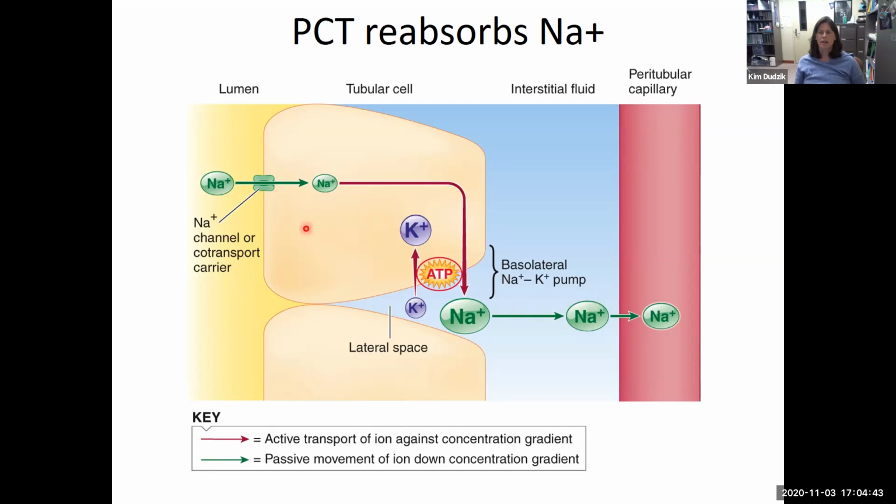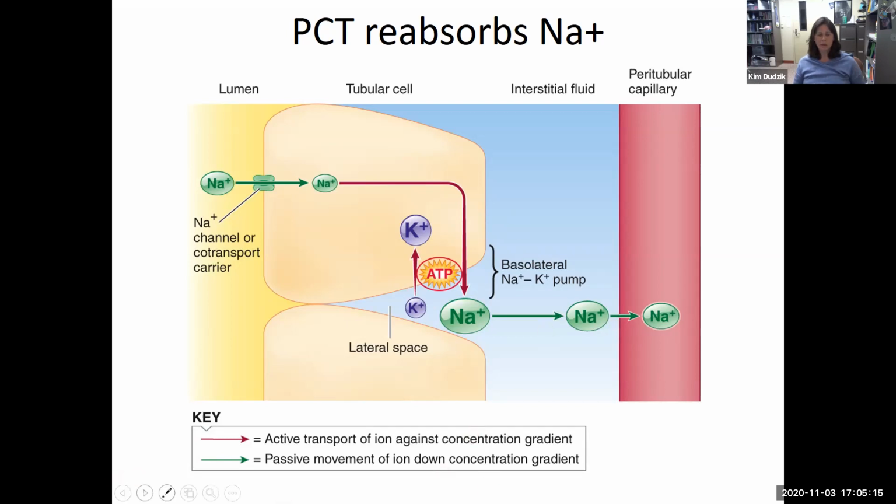All righty, so we reabsorb sodium passively by facilitated diffusion at the luminal or apical surface, and then with primary active transport by the sodium-potassium pump at the basal surface. When sodium moves across, it enters the peritubular capillary passively. Water follows.